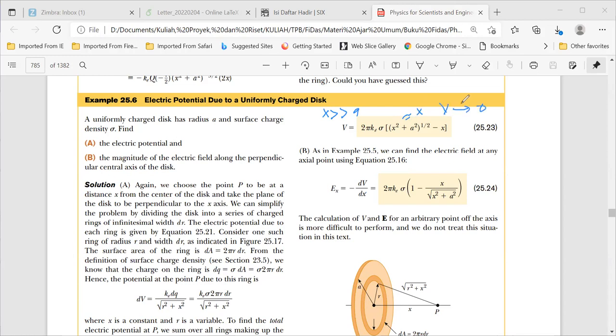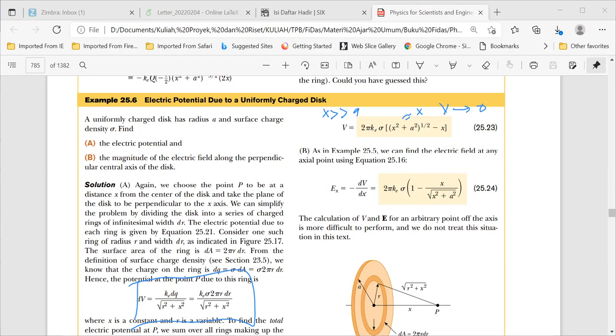So we have the right formula. It is consistent with the condition that as x goes to infinity, phi goes to 0, or x very large compared to its radius, then phi goes to 0.